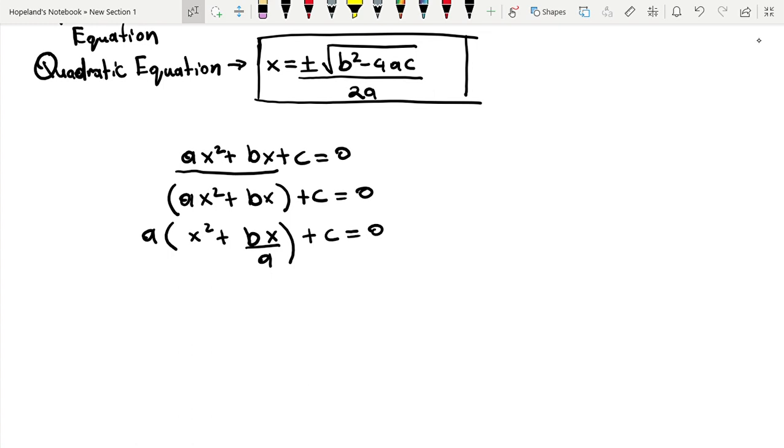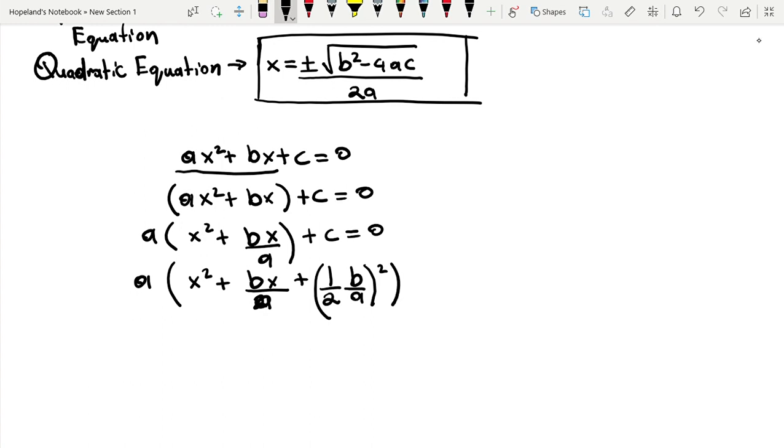Doing that, you'll have a times the parentheses x squared plus b over a times x, plus halving it, you'll get half of b over a, and all of that you're going to square.